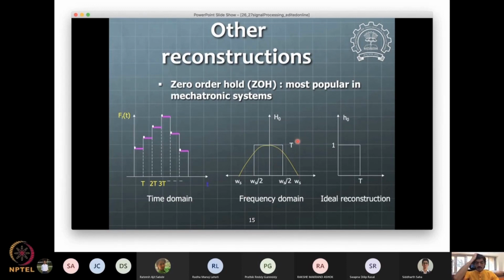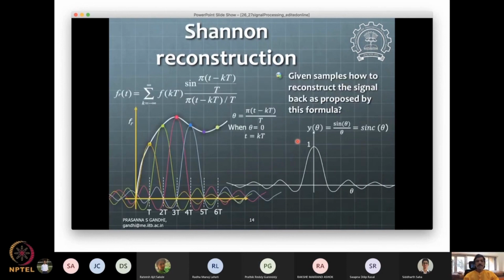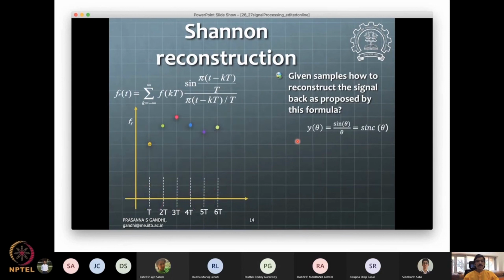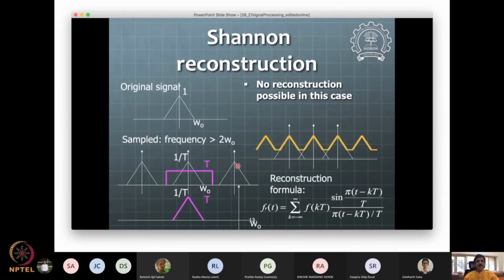One has to have a little bit of a sense of what we mean when we talk of a filter. The filter is filtering in the frequency domain, allowing some signals to pass through, and some signals are completely not allowed to pass through.